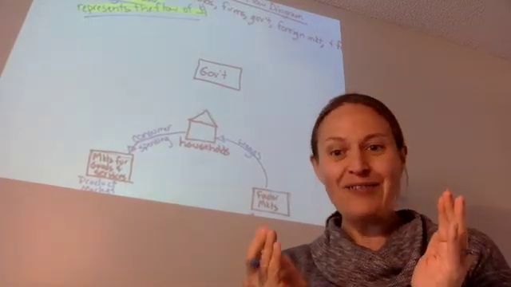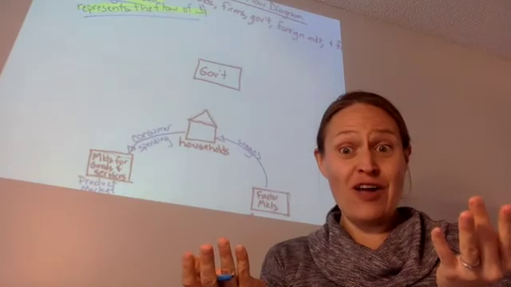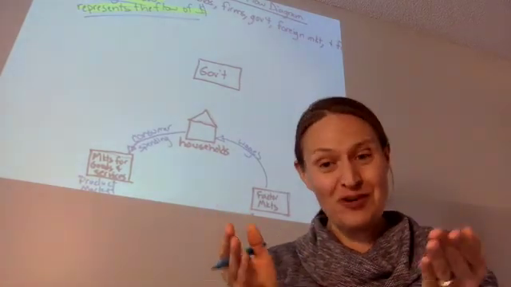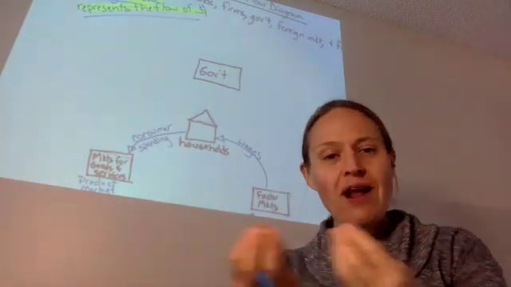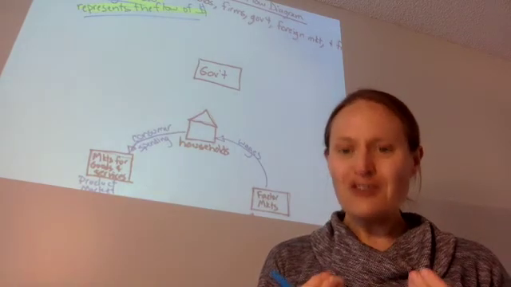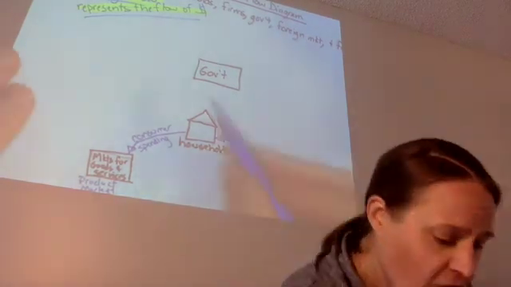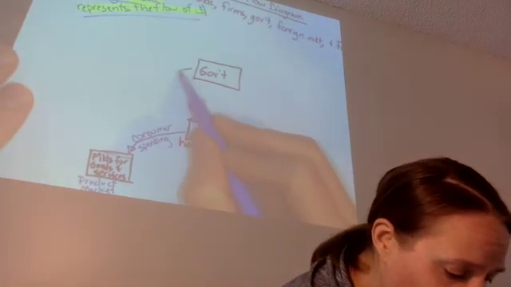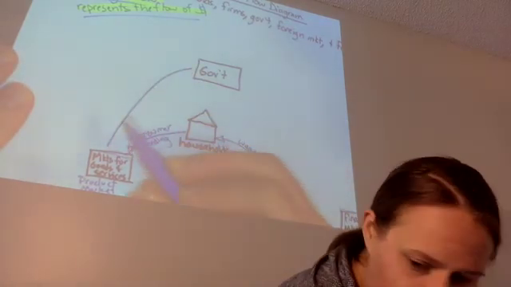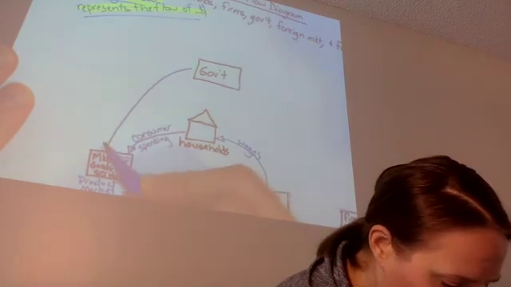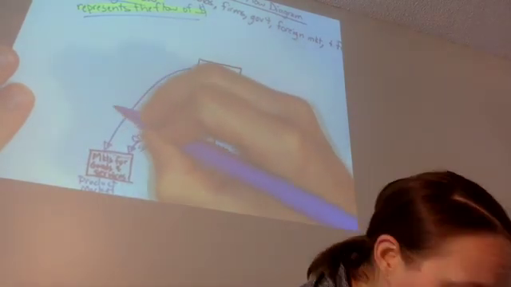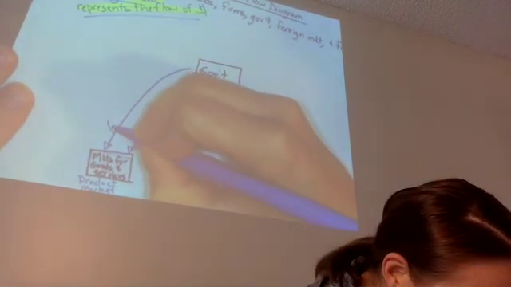Everything in those offices was bought by the government. That's government spending. So the government also goes into that product market and buys stuff, buys goods and services. So we're going to have an arrow going from the government into the product market, and we're going to label that arrow government spending.